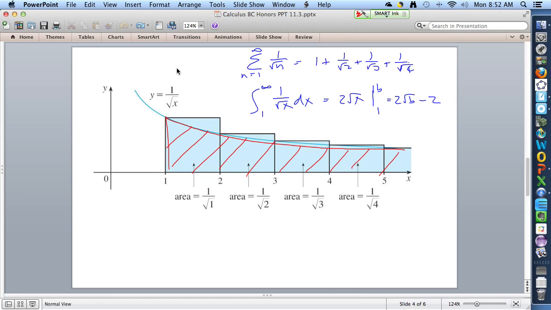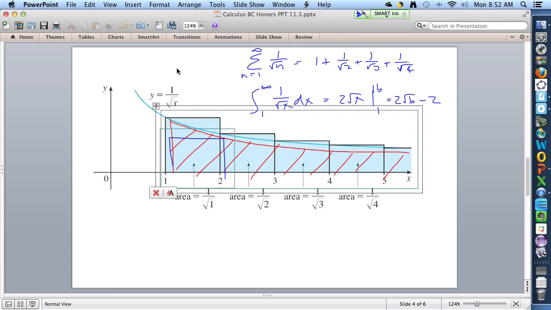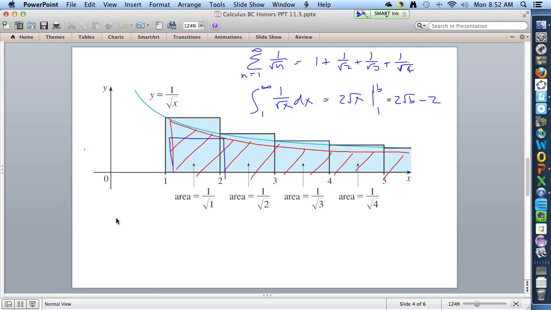Because what would my argument have been if I used this rectangle? I would have said, notice that the red diverges. Does that guarantee that an underestimate diverges? No, right? Because you're looking at your upper bound. Here, I'm trying to use the integral to set a lower bound. So I know that the sum of the areas of the rectangles is at least greater than the shaded red area.